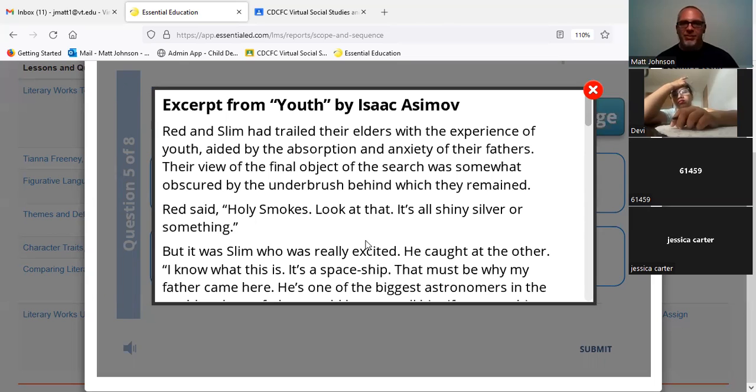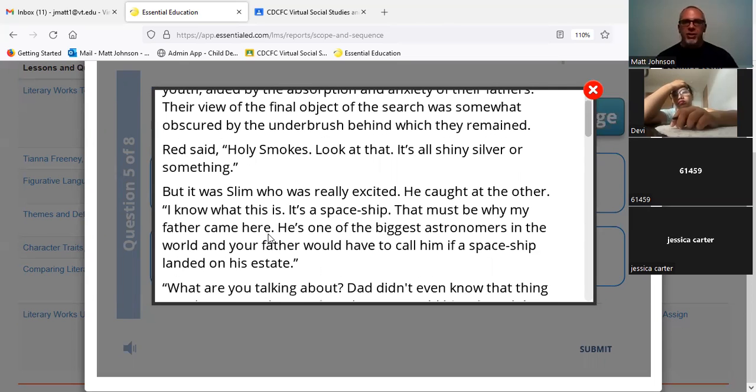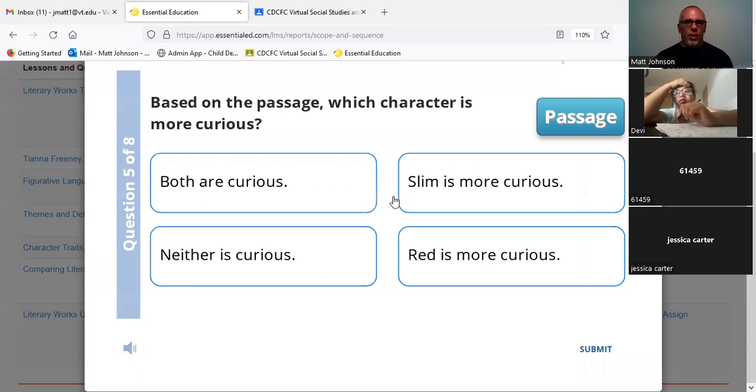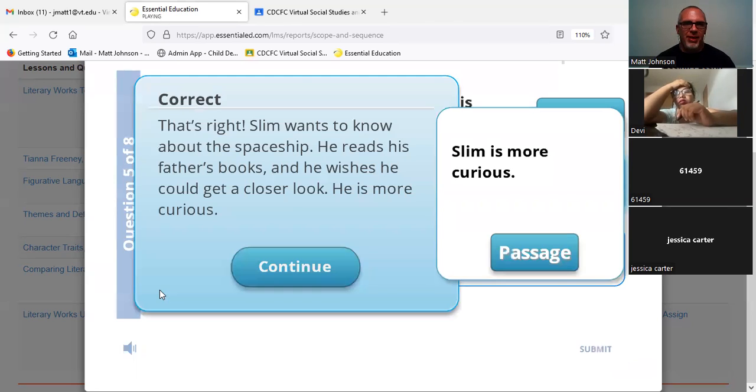It's a spaceship. That must be why my father came here." So the narrator, the author, is telling us that Slim is more excited, so he's more curious about it than Red. Red and Slim, those are some names.